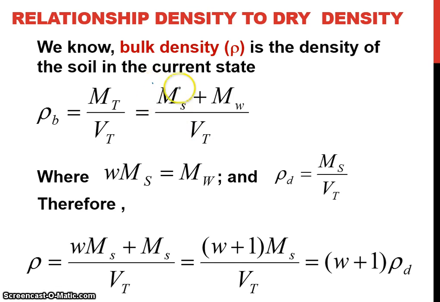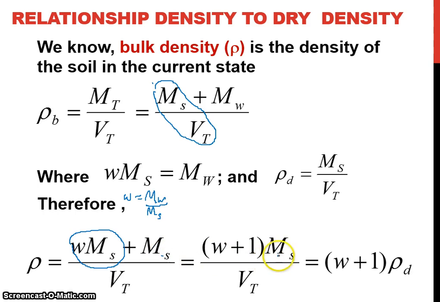So mw, if we rearrange the moisture content just now, mw per ms, we got mw equals ms times w, moisture content. So we can substitute mw here with w ms.